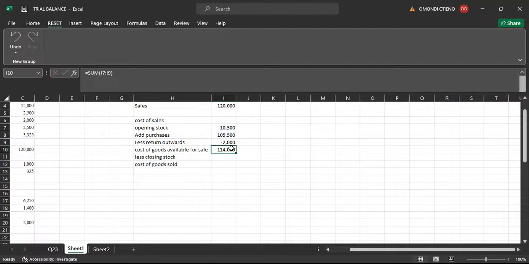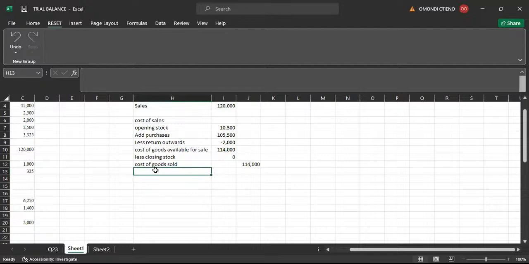That is the cost of goods available for sale. Then I less closing stock, which is X, to give me cost of goods sold. So cost of goods sold will be equivalent to cost of goods available for sale less closing stock. Let's say I have 0 there for now to get just a value. That is the cost of goods sold.